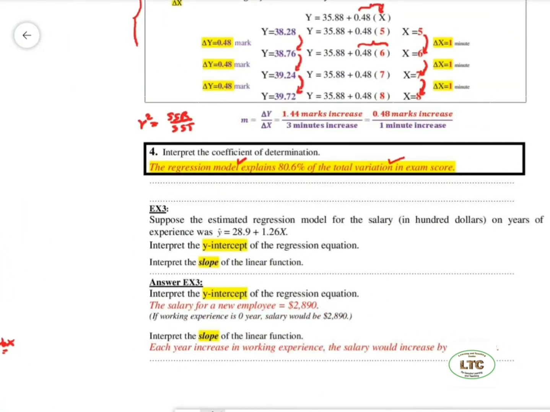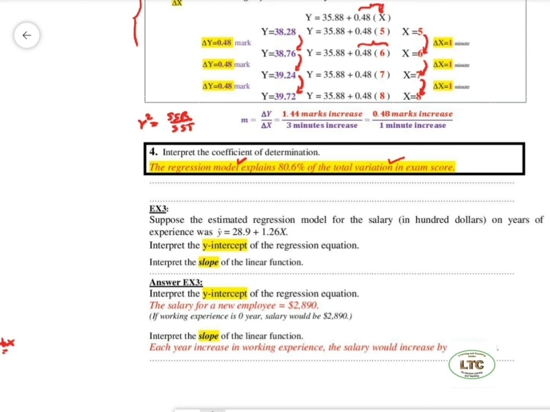Why are y values different from each other? Why are the exam scores of students different? You can say because they study different times. Their amounts of study time are different. Maybe other factors also: some are smart, some are weak. But 80% of the difference is due to their study time difference.